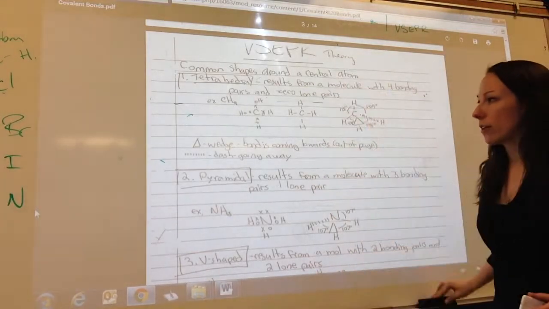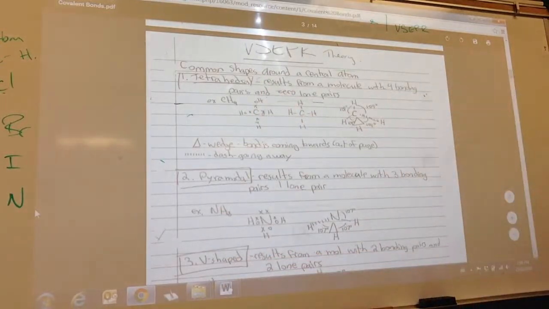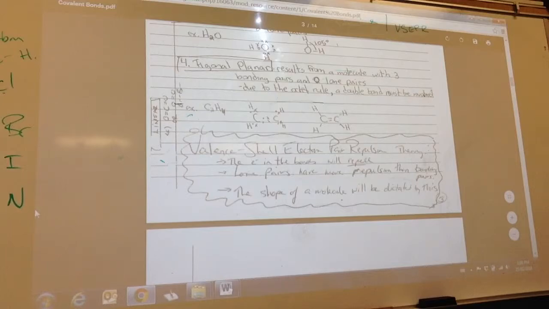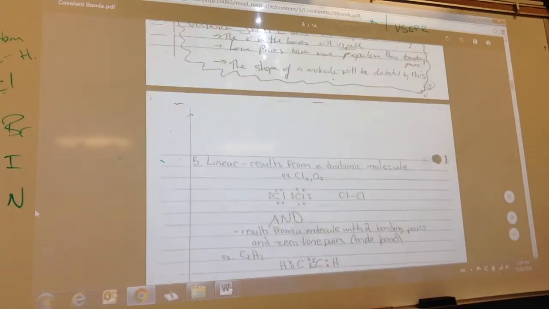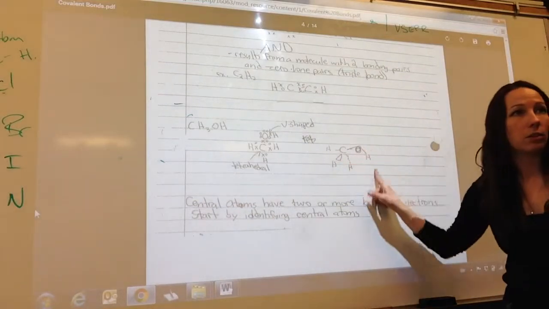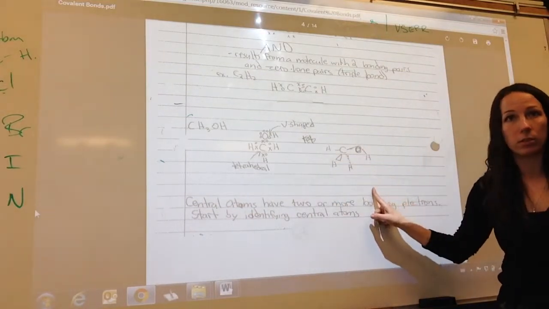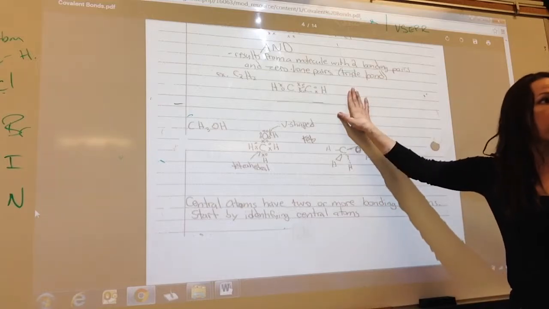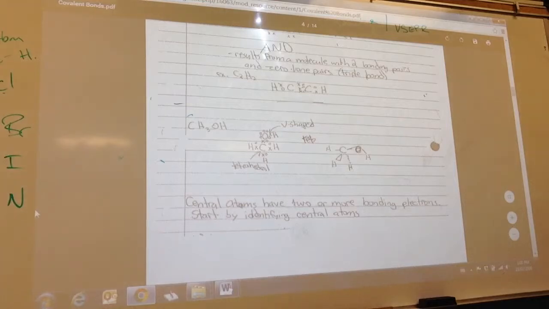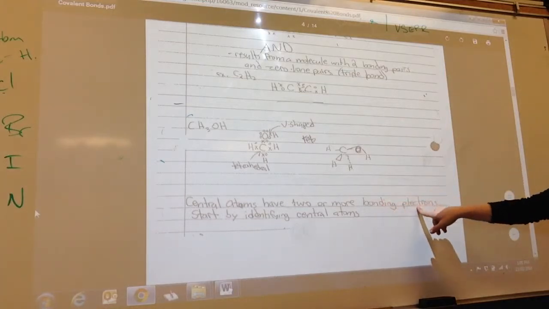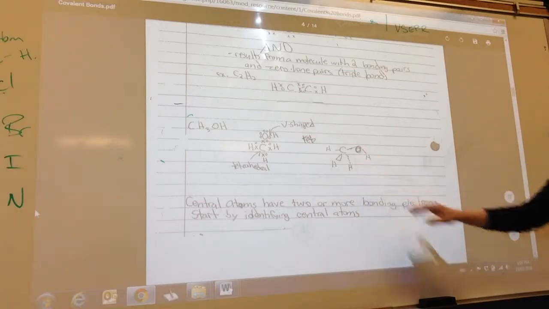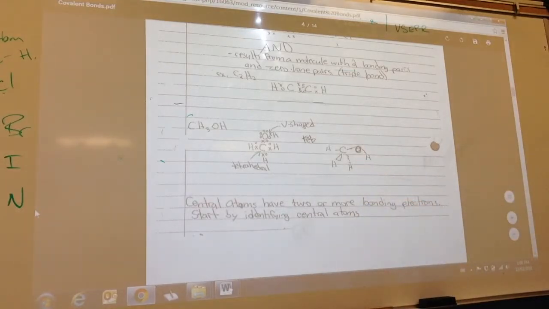So it talks about the tetrahedral, the pyramidal, the V-shaped, the trigonal planar, the definition of valence shell, the linear, the combination of methanol, which we just had the conversation about. So everything I just said is right here. Okay? Central atoms have 2 or more bonding electrons. Start by identifying your central atoms if they're complicated. 2 or more sticks coming off of it makes it a central atom.